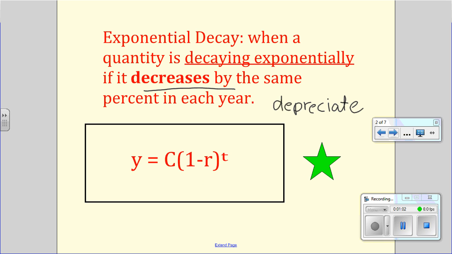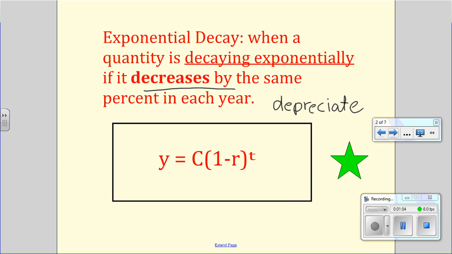So if we take a look at the formula, you should be able to fill in what each of those variables stands for, correct? Because they're the same variables we used yesterday. What does C stand for? This is our initial amount. Yesterday we learned that they'll call it the deposit, they'll call it the principal.